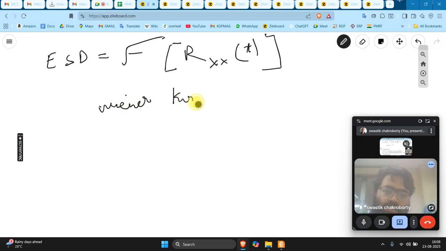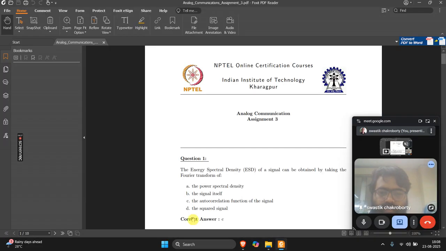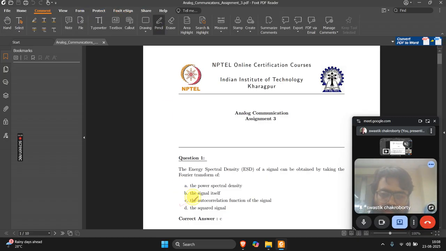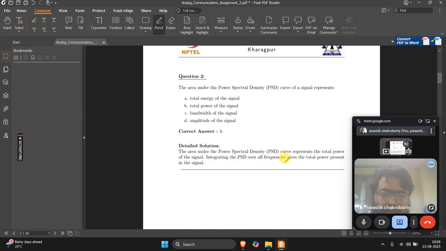This is a standard result in signals and systems. The answer is autocorrelation function. We will not go into the derivation of this as it is unnecessary. We will just take it as a result. So the answer is C, the autocorrelation function of the signal.